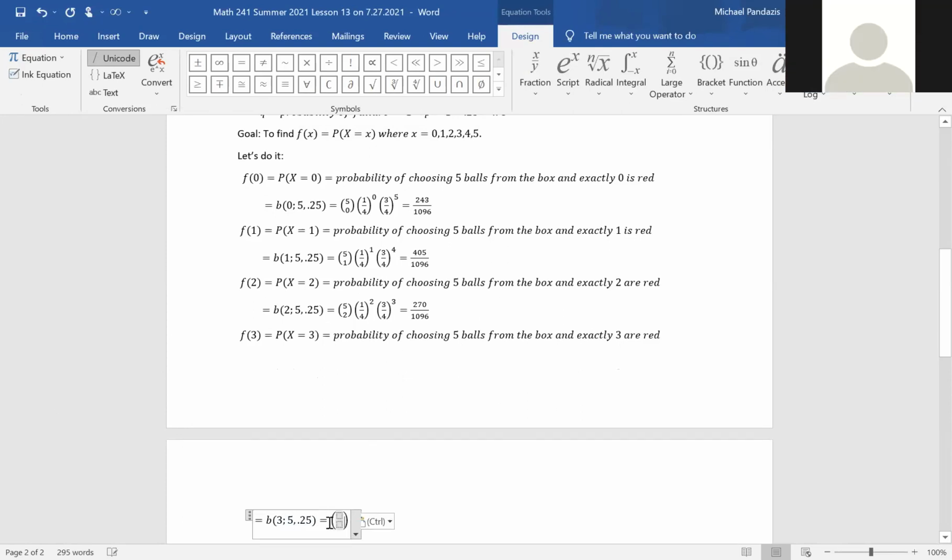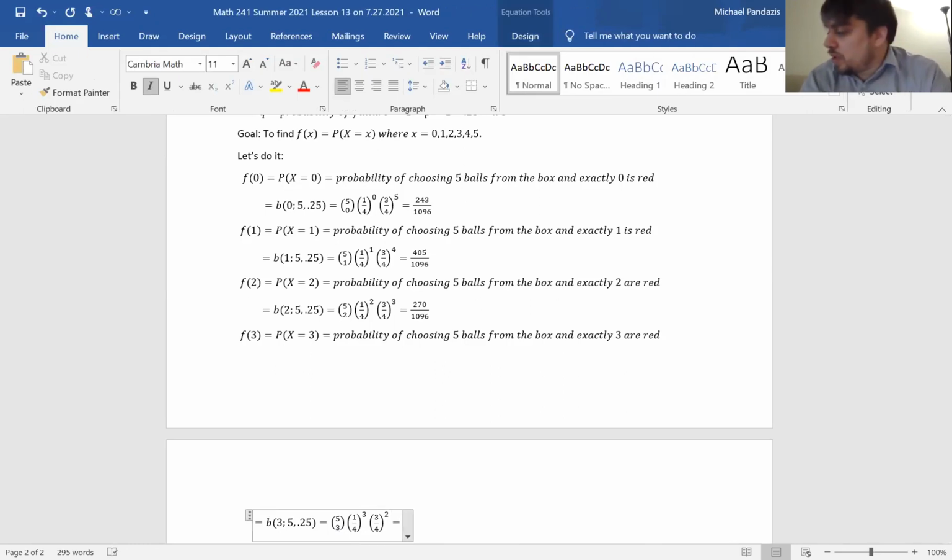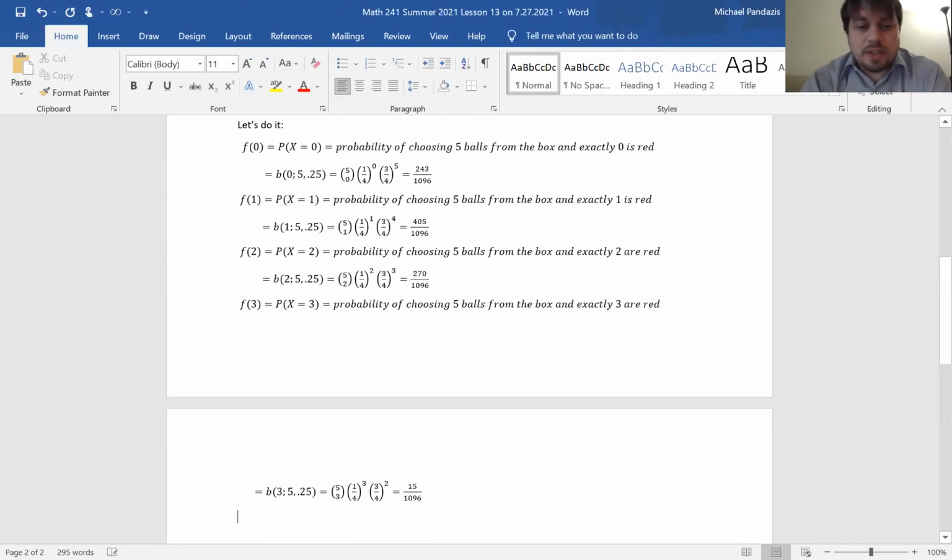And so this is 5 choose 3 times the probability of success, which is 1/4, raised to the third power, times the probability of failure, which is 3/4, raised to the second power. Okay, and you multiply all of that, you get 15 over 1096.